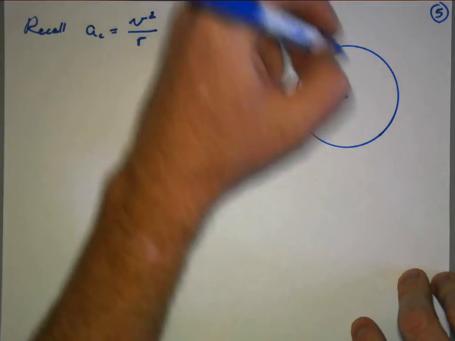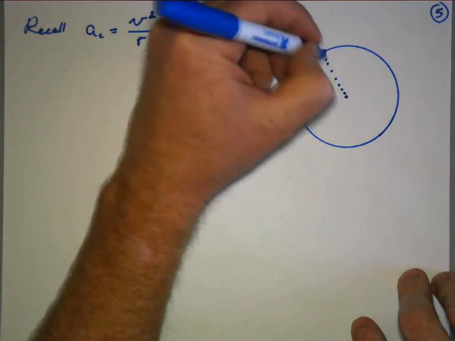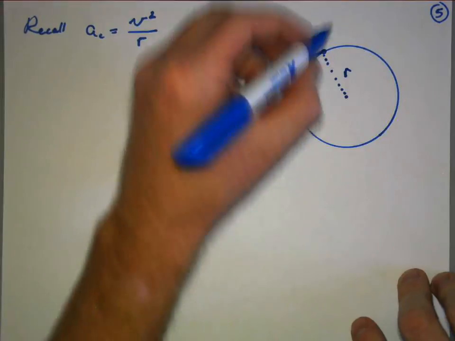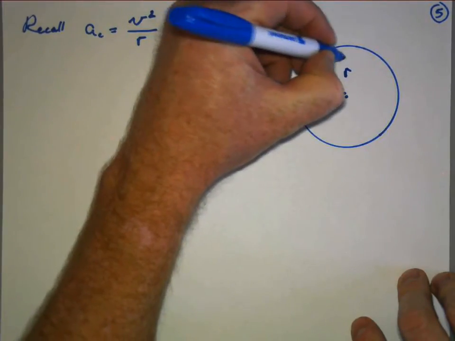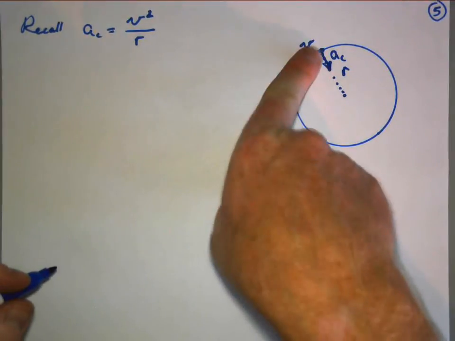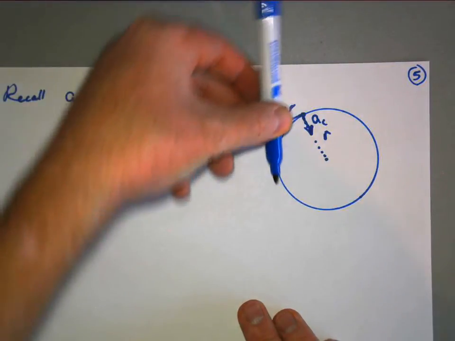There's a radius here. And the centripetal acceleration is the acceleration toward the center of the circle. And that acceleration is what is changing this velocity, causing that velocity to change direction as time goes on, right?